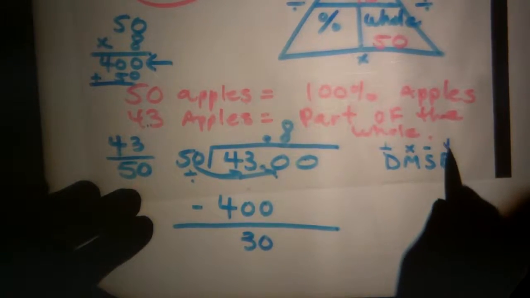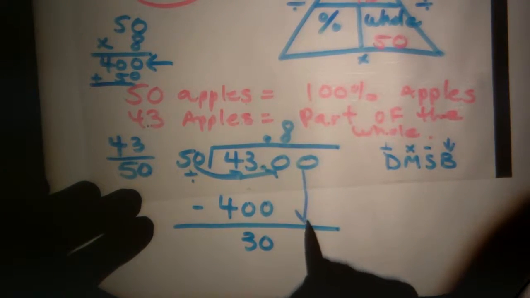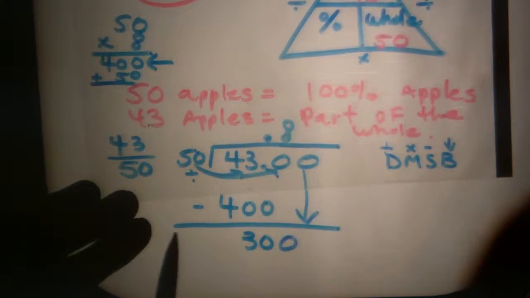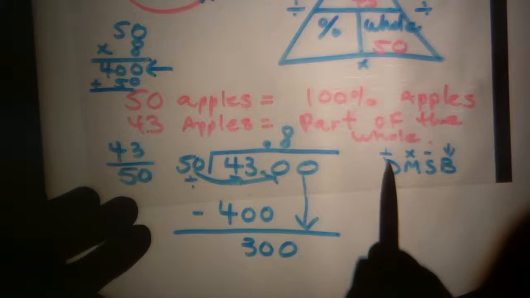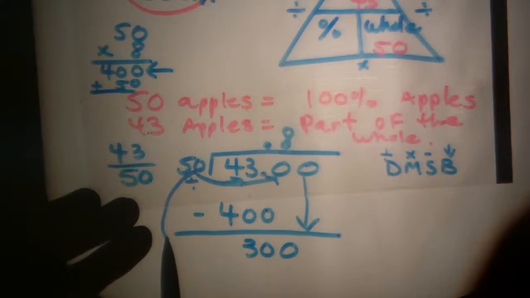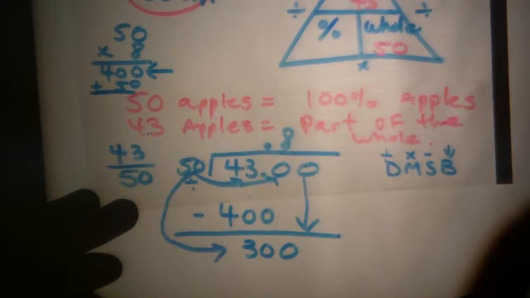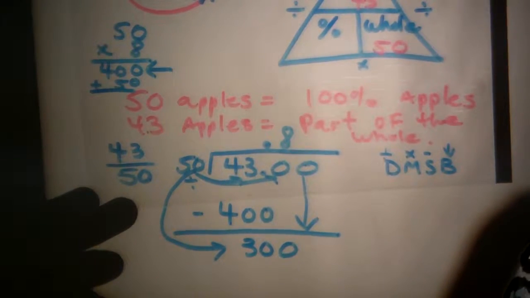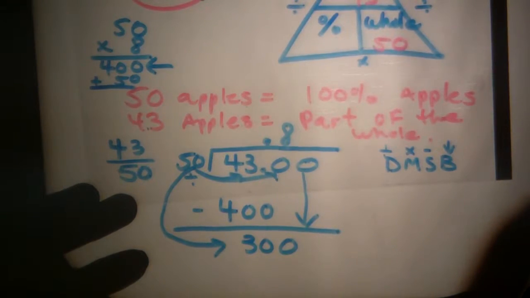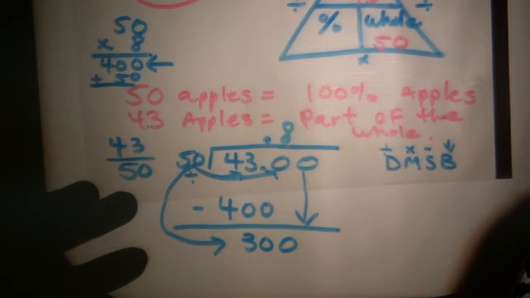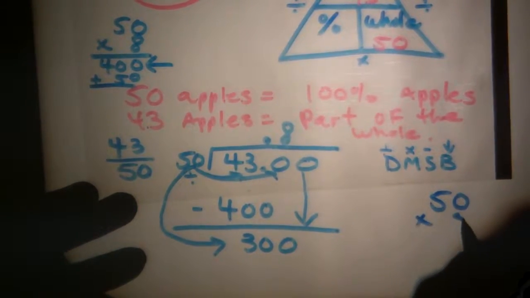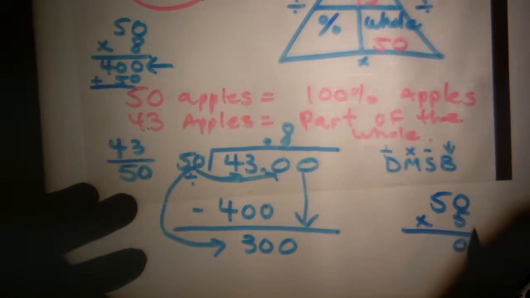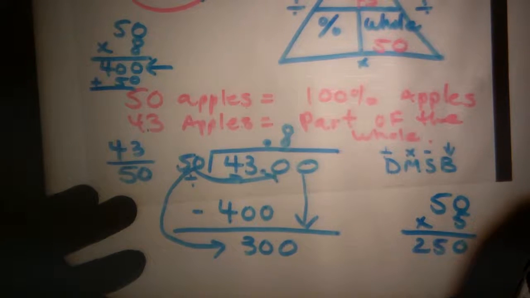Now brother says bring it on down. Here's a 0. I need to bring that down. Now I need to start this process over. I need to go back to Dad with division. Can we divide 50 into 300? Yes, we can. How many times can 50 go into 300? Does 50 go into 300 5 times? Let's do a check here. 50 times 5. 0. 5 times 5 is 25. 250.